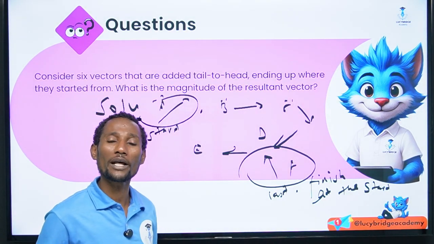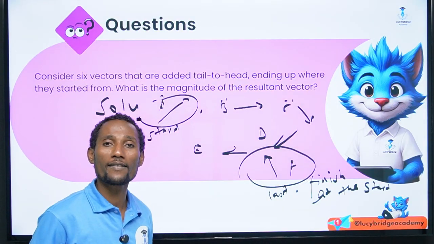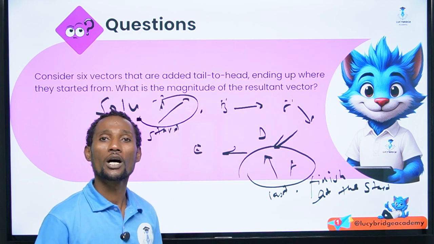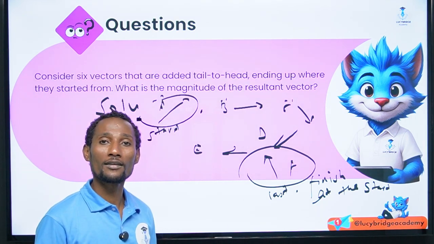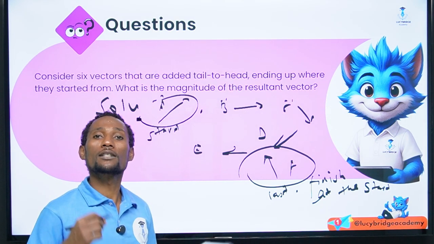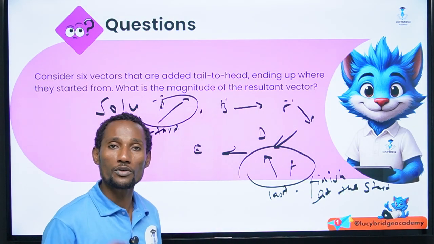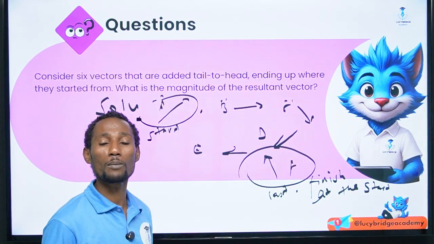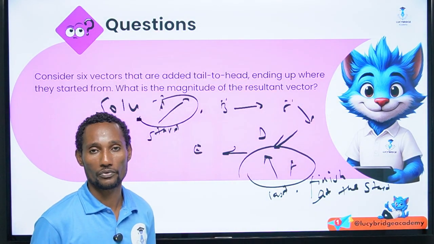This is what we call the polygon method of vector addition, where there is no gap within the given vectors that were added together, and it ends where they start. The resultant is 0.